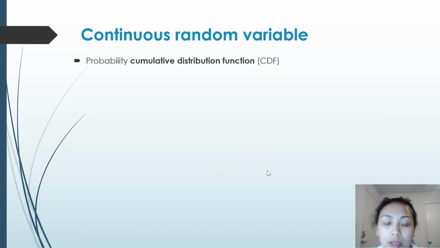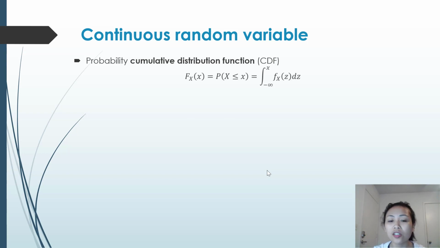Now we work with the second important function for continuous random variables, the CDF, the cumulative distribution function. This function is basically just the integral over an interval.